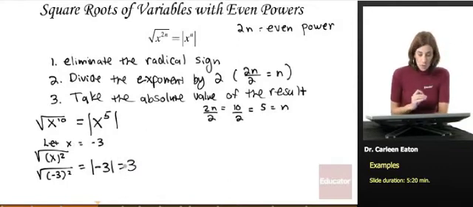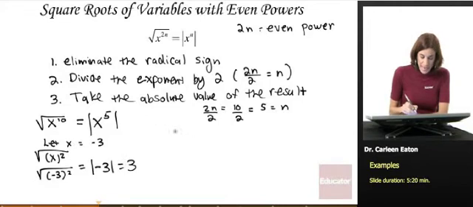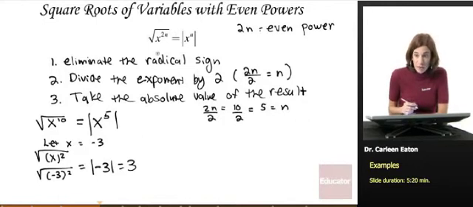Now, there's one more aspect to remember. Let's say that I have some expression that I need to find the square root of, and it's to an even power, and I go ahead and find the square root, and it comes out to x to the 4th. Do I need to write the absolute value of that?